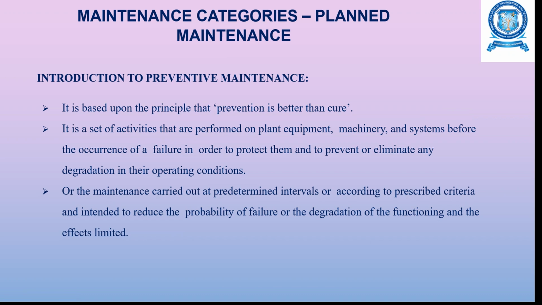This maintenance is carried out at predetermined intervals or according to prescribed criteria, with the intention of reducing the probability of failure, so as to make the system, the equipment or the machines run in good condition.